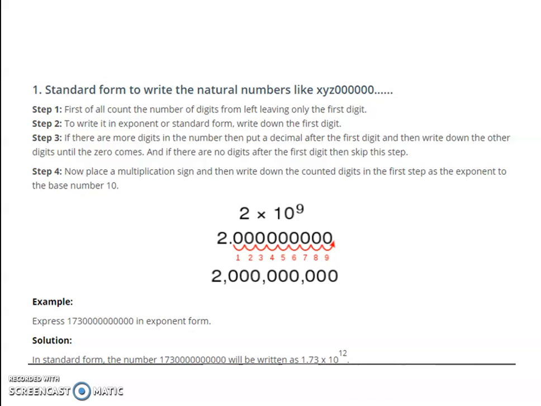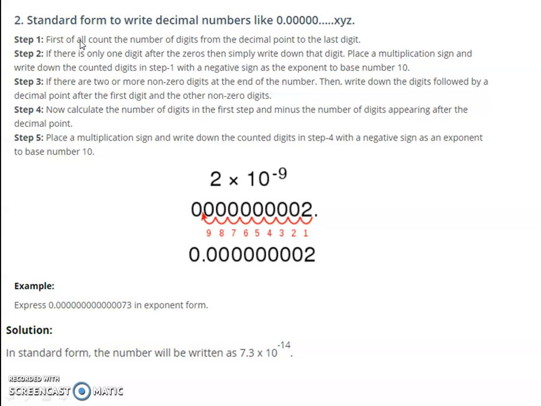Now let's see how to express very small numbers using exponential notation. Standard form to write decimal numbers like 0.0000 followed by xyz, where xyz means any digits. Step 1: first of all, count the number of digits from the decimal point to the last digit.